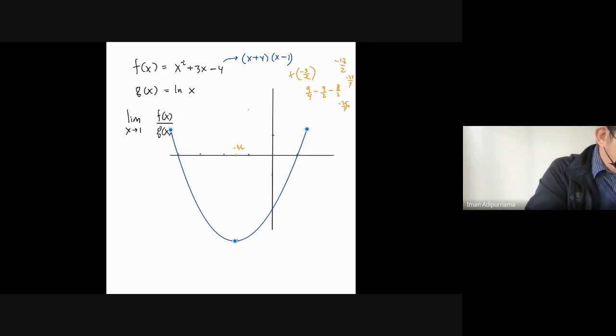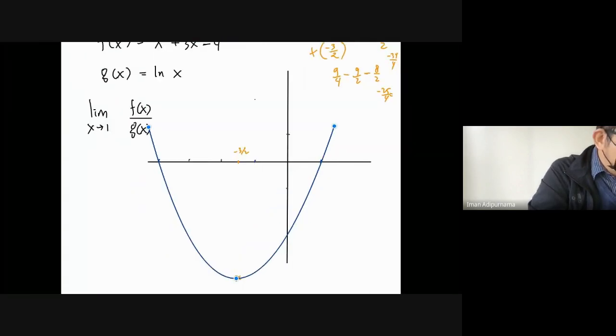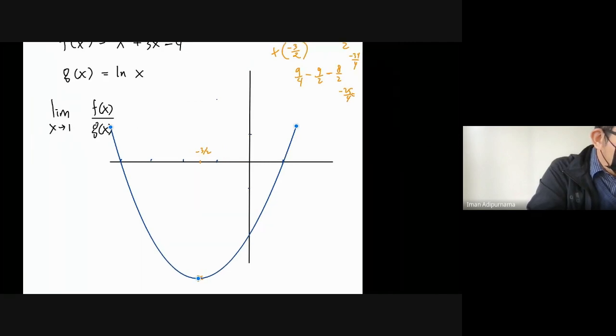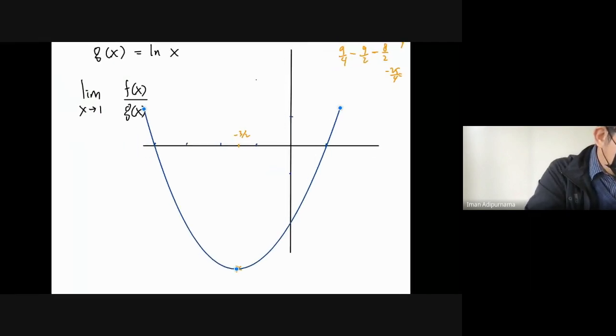Okay. Now the g is just ln x. ln x will have, at least, maybe from here. Wait. From here and then crossing x equal 1, and then it's not really smooth, sorry, maybe like that, maybe not too smooth, maybe here.